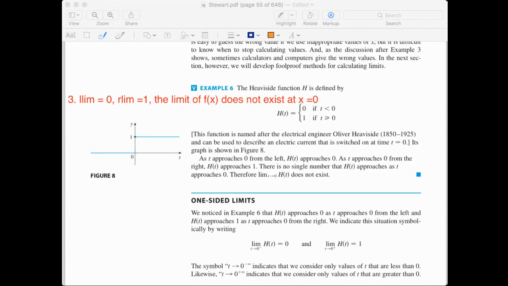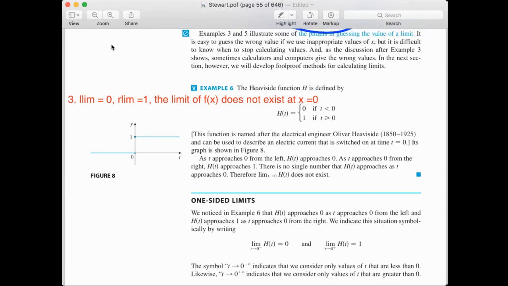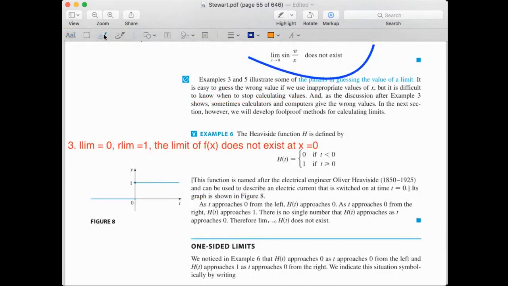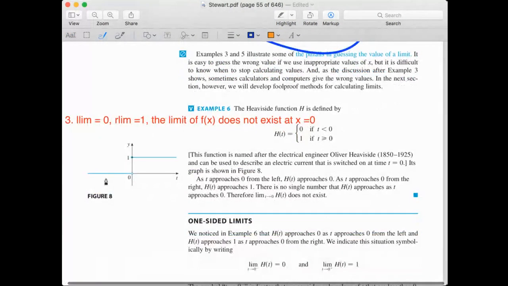Okay, I have a question asking why the right limit is 1. The right limit is 1 because of this. From the left, when it approaches 0, we see 0.